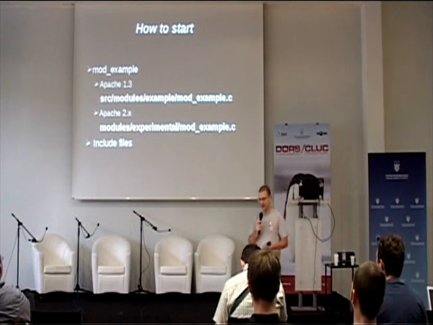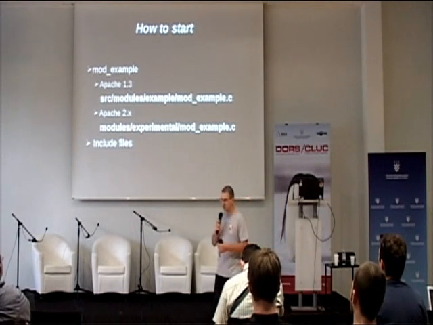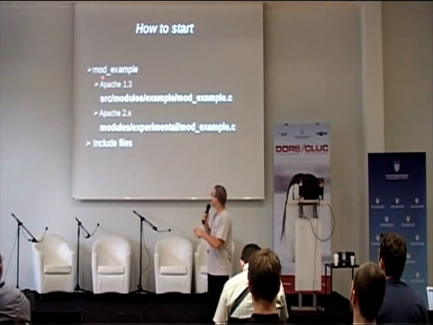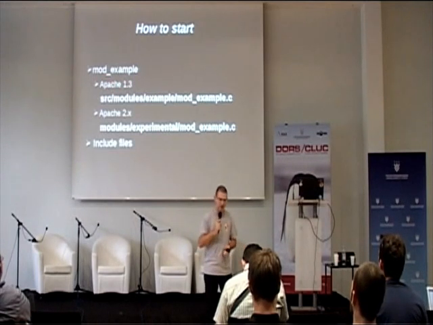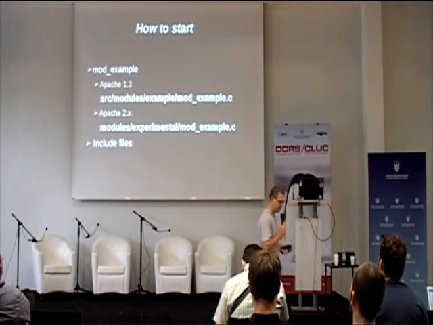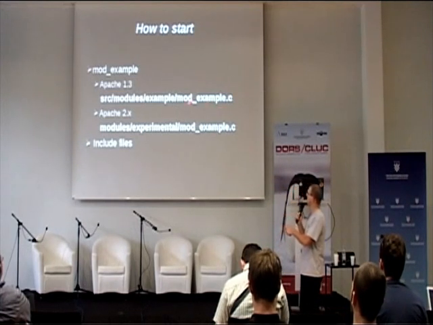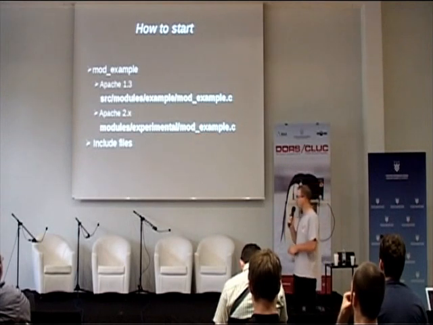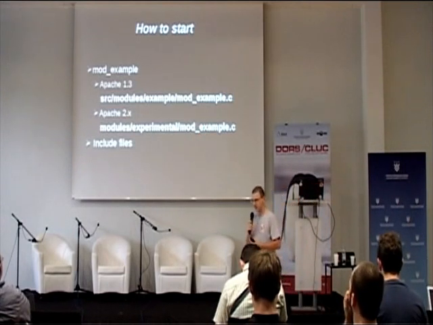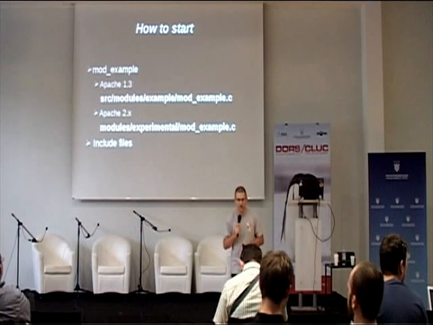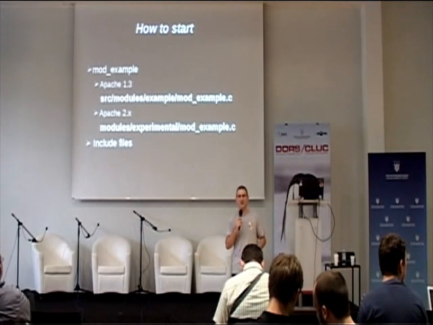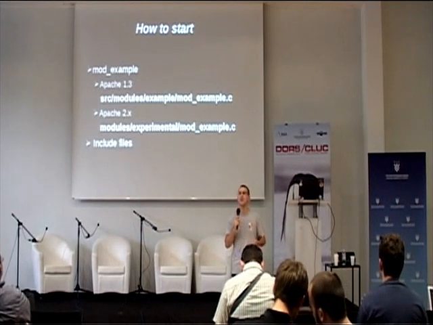So how to start? Usually you would go directly to mod example, which is shipped with each version of Apache. And what you get is this file for Apache 1.3 or this file for the newer versions. In these files you will see a lot of lines of code, a lot of functionality that you will not use.